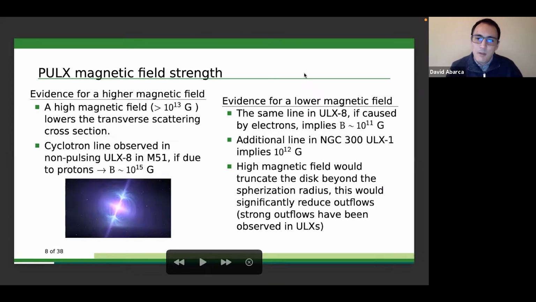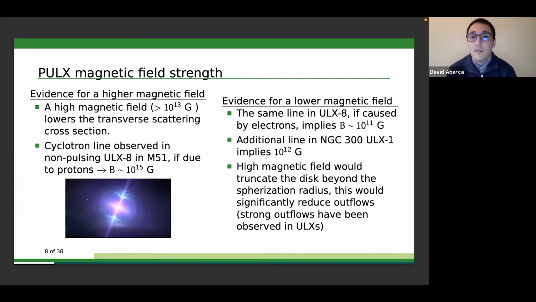There's some debate out there about the magnetic field strength of pulsating ULXs. Neutron stars have very strong magnetic fields and a very large range of observed magnetic fields. I think we've seen neutron stars with magnetic fields anywhere from 10^8 to 10^15 Gauss at the surface. So some people thought these pulsating ULXs have high magnetic fields.